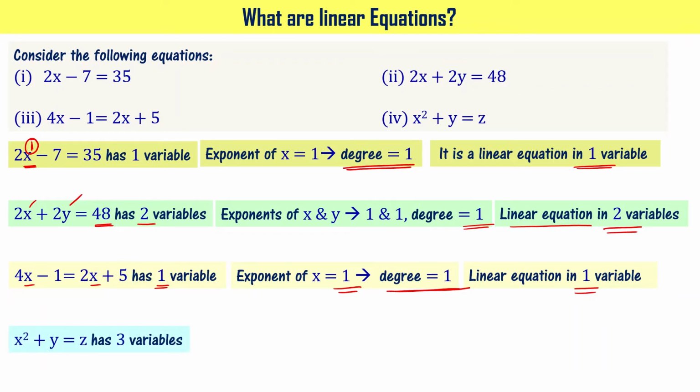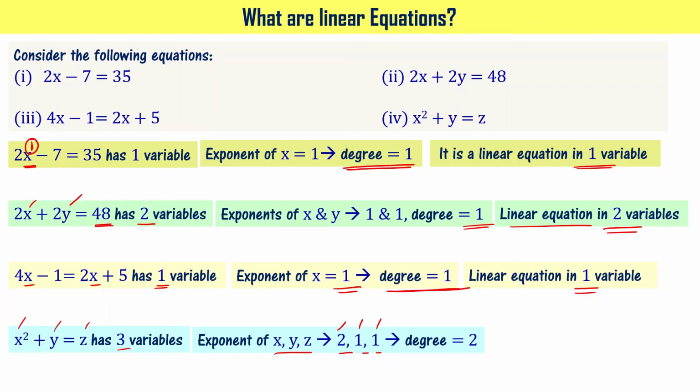Now let's look at the last part of the problem. X square plus y equal to z. It has three variables, right? You have x, you have y, and you have z. These are the three variables. So the exponents of x, y, and z are 2, 1, and 1 respectively, right? The power of x is 2, the power of y is 1, and the power of z is 1.